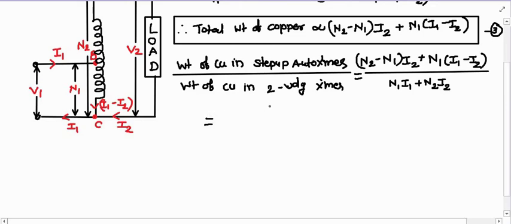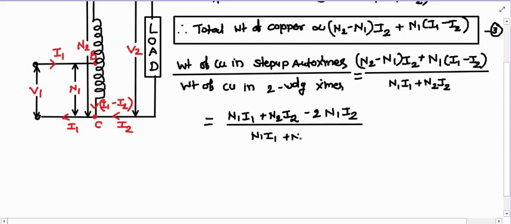I will get N1 I1 plus N2 I2 minus 2N1 I2 divided by N1 I1 plus N2 I2. So that will be 1 minus 2N1 I2 divided by N1 I1 plus N2 I2.